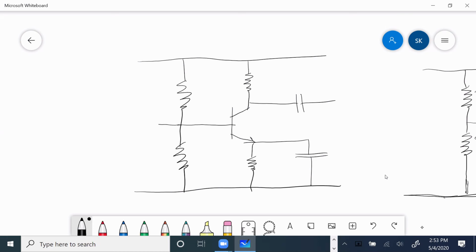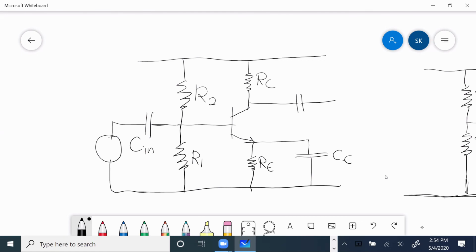So our job now is to choose all these values: RC, RE, R1, R2, call this CIN, call this CE, and we call that CO. And this is VCC.